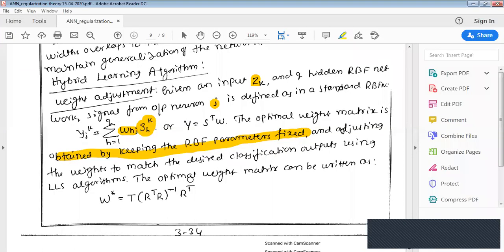Finally, the optimum weight matrix is written as T into R transpose R, whole raised to inverse, into R transpose, where R is the matrix obtained from a single row of the RBF network. So for one person I obtain one matrix R for one training. If you train it 10 times, then R will be the mean value of those training parameters. That is for a single person.